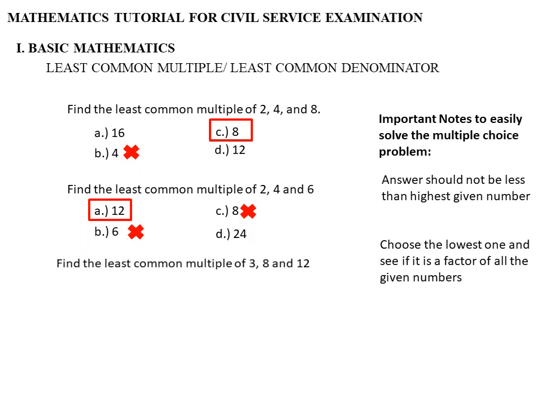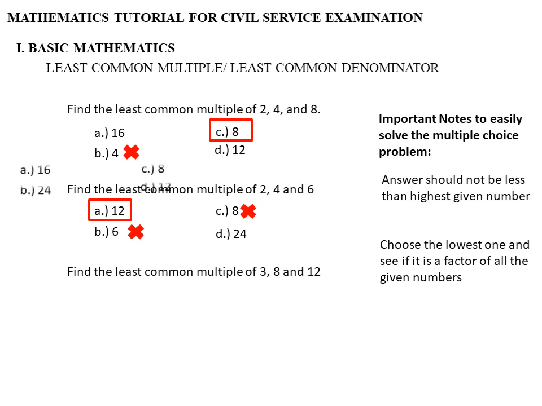Okay, last, let's try another example. Find the least common multiple of 3, 8, and 12. Here are the choices. From our hint, the answer should not be less than the highest number. The highest number is 12, so 8 is not an answer.